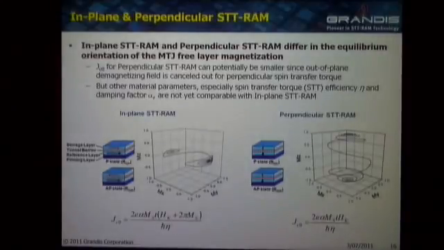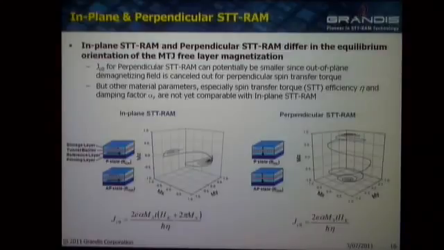Finally, the other thing to point out is there are two types of MTJs you could put in an STT-RAM chip. One is this in-plane MTJ, where the magnetization is in the plane, and then here on the right is the perpendicular MTJ, which is the alternative way of doing it. Really, in the end, everything is going to go perpendicular. The question is when.